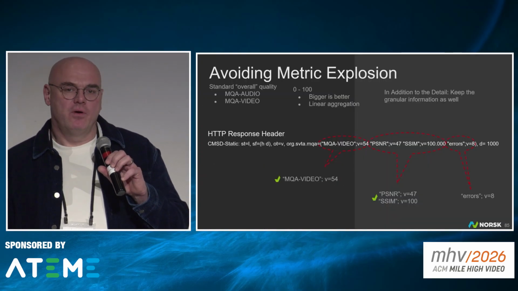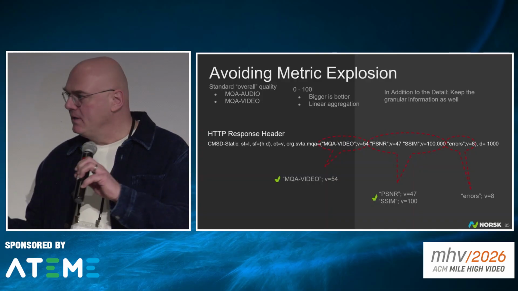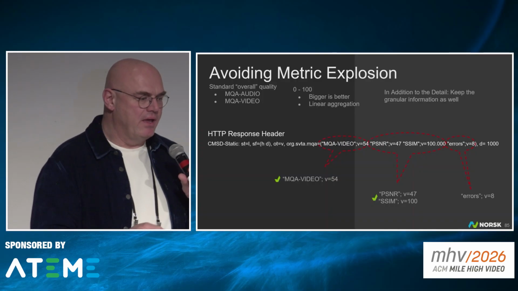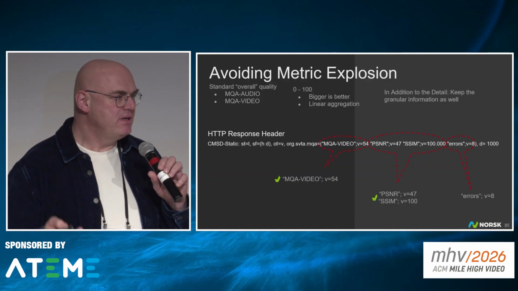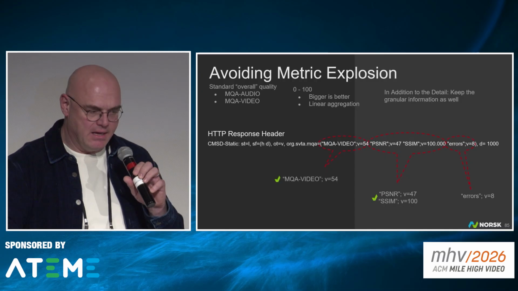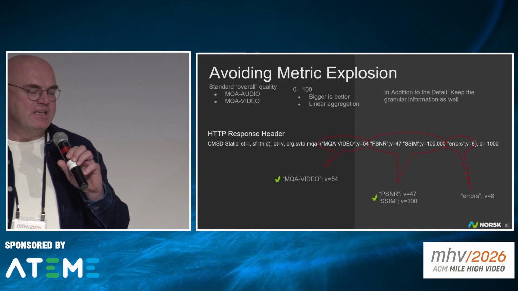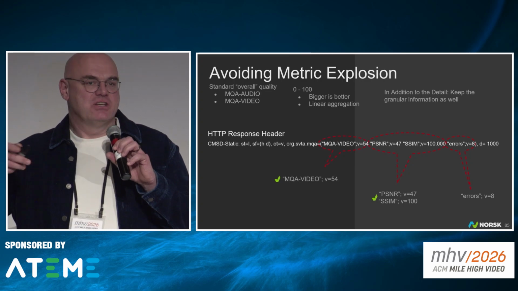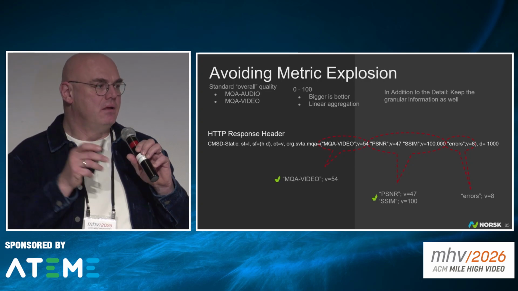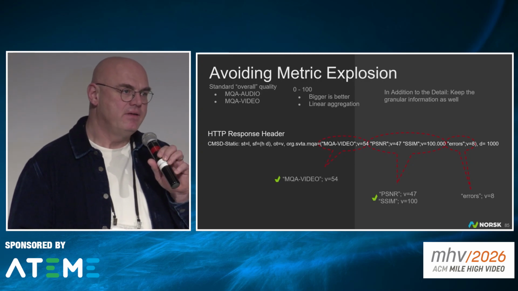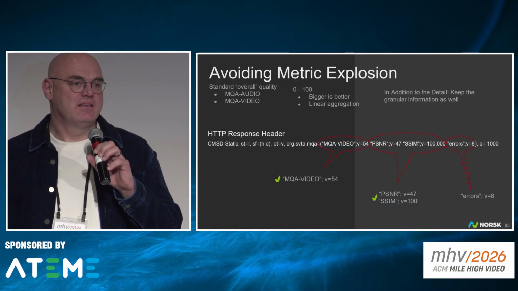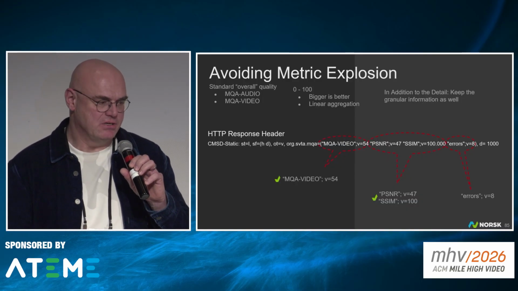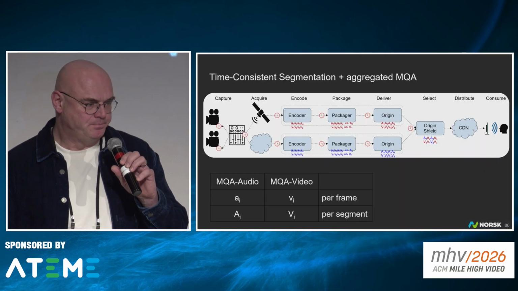We try to avoid the metric explosion by using the MQA audio and MQA video aggregation metrics that scale from 0 to 100. 100 is bigger, bigger is better. And we still transport the detailed information that we get from the system just in case somebody needs it. So there is an easy to understand aggregated value, and then there's optional data that carries the detailed specification that we also measured.